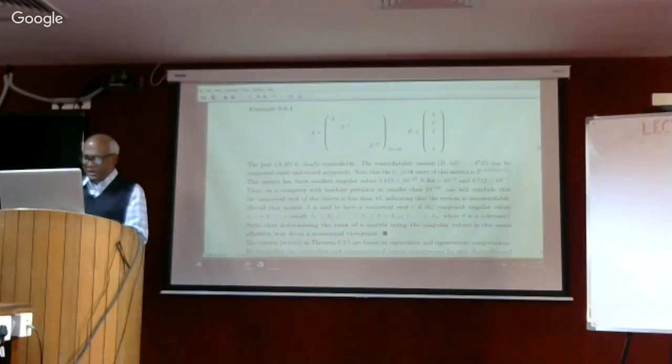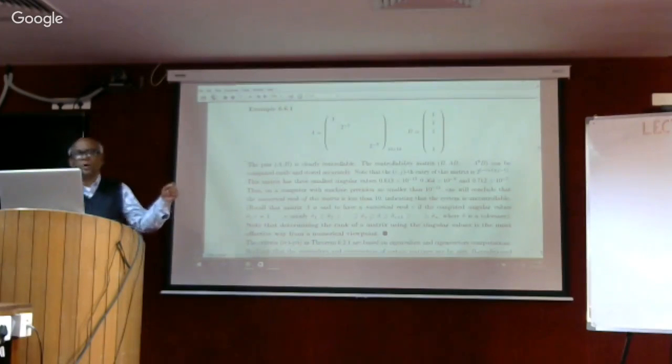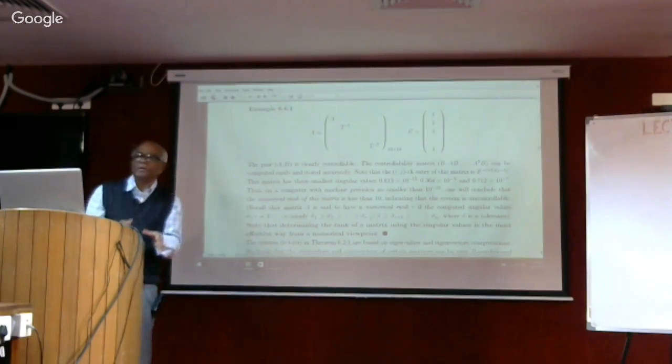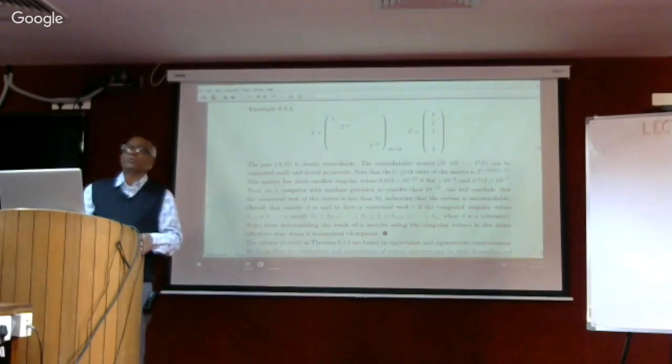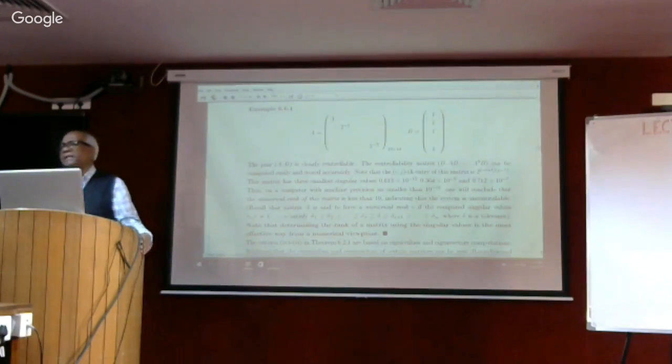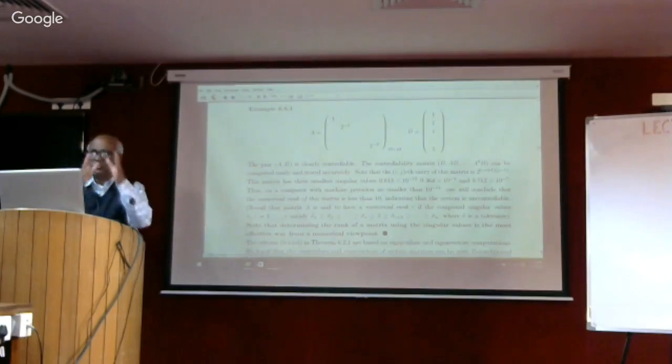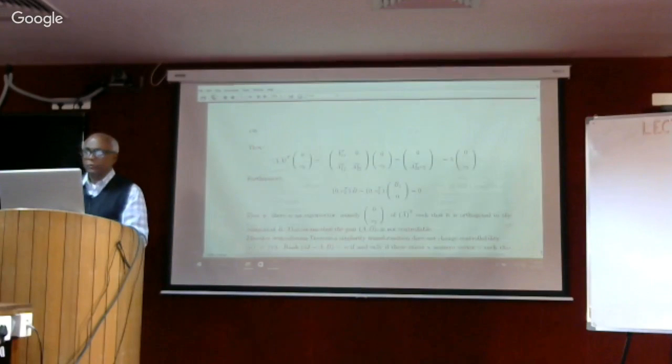Now it turns out that the process of transforming a matrix A to Hessenberg form that we have seen using Householder transformation can be easily extended to a pair of matrices A and B. There, the process was just on the matrix A, but it can be easily extended.